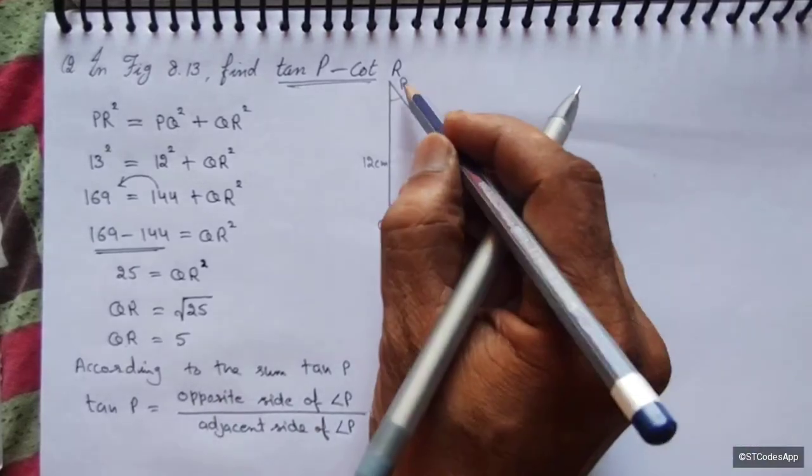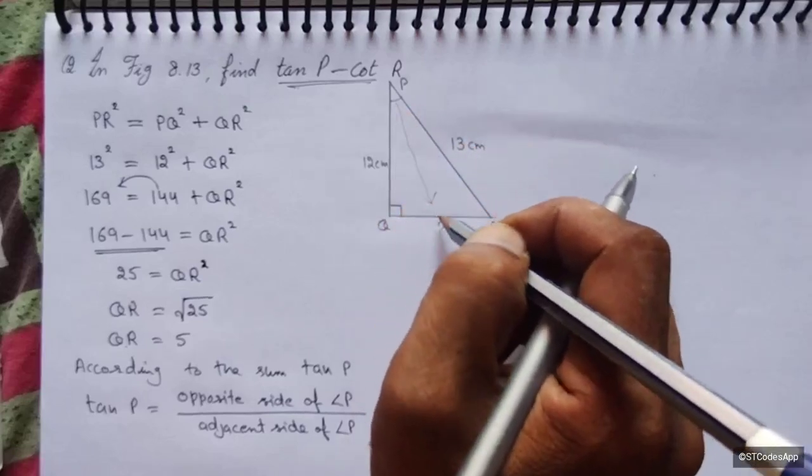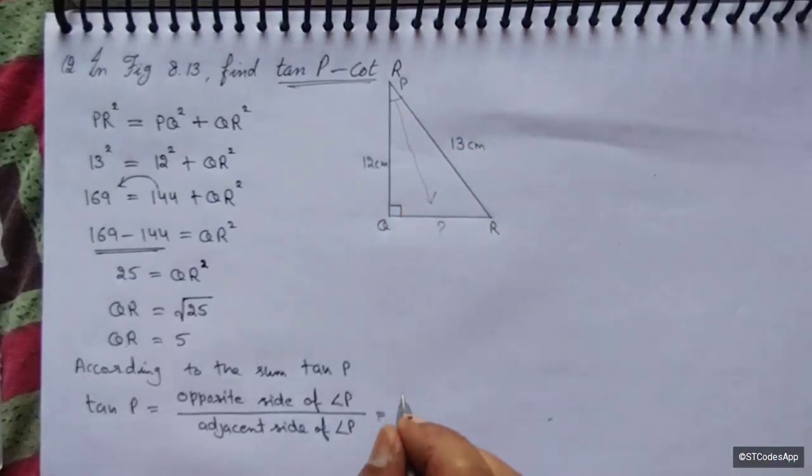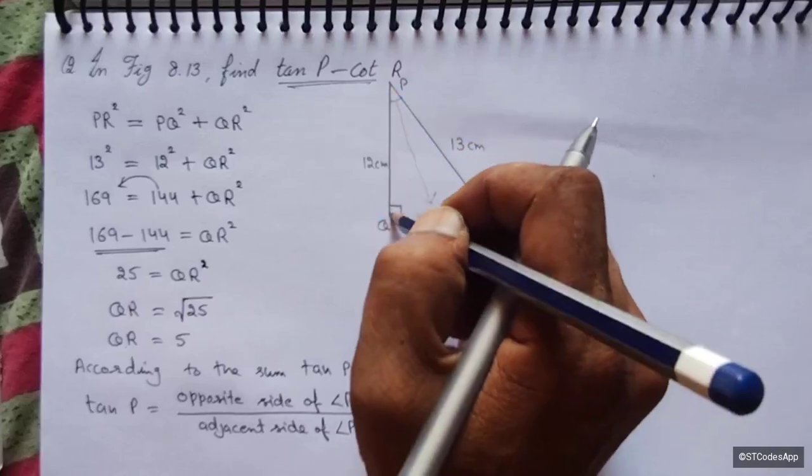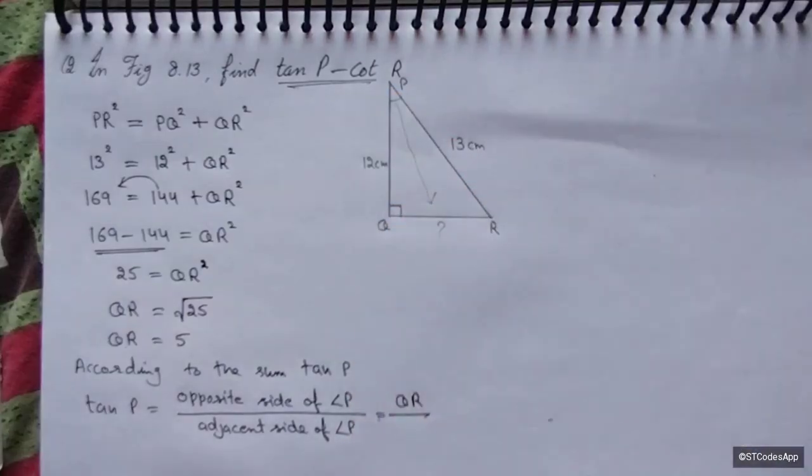This is angle P. Its opposite is this side QR, divided by the adjacent side, which is along with it.